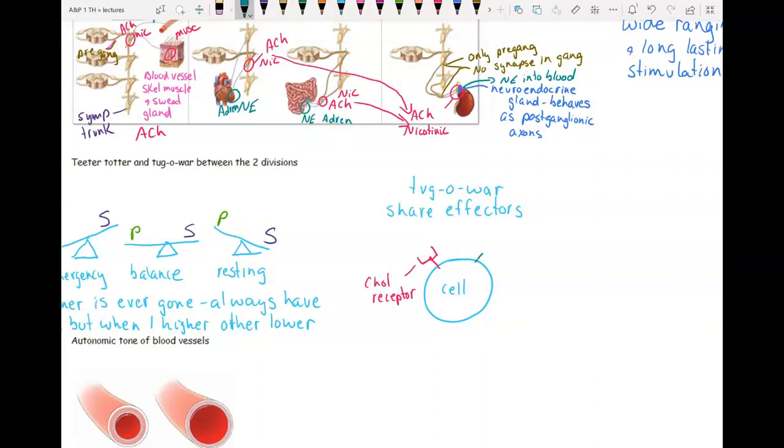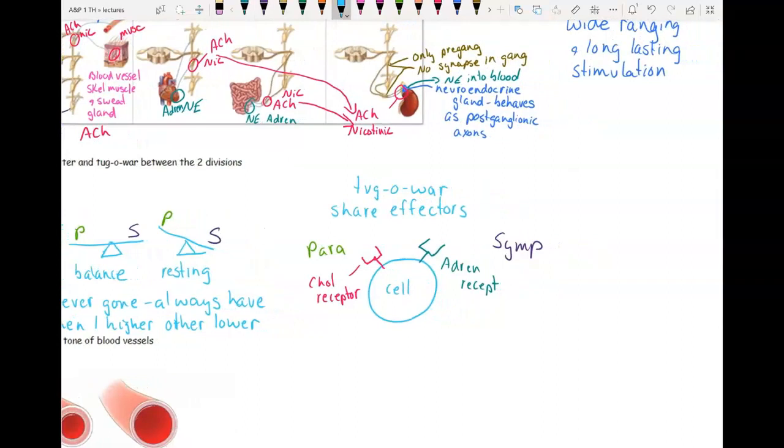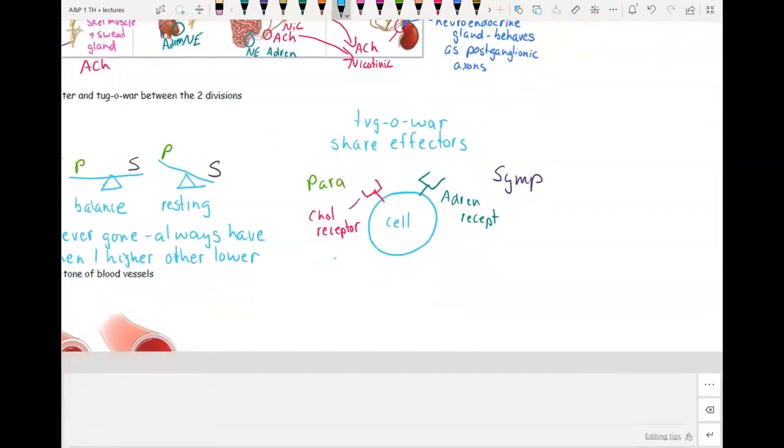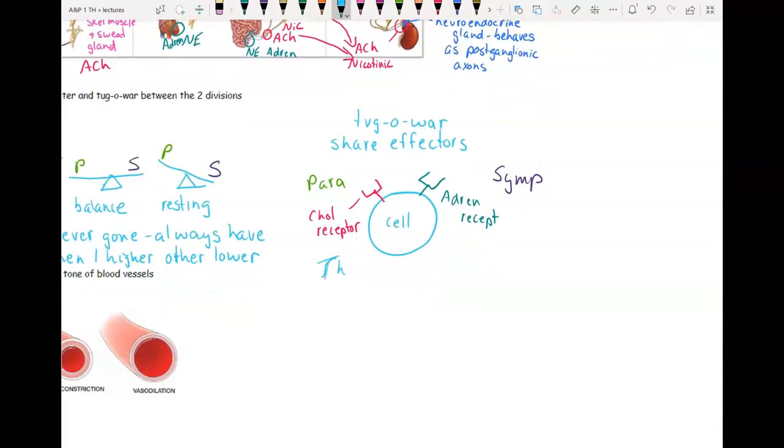And it can have a receptor here for norepinephrine. So they're in a constant tug of war over this cell. The two divisions, so here would be parasympathetic, trying to make the cell do one thing, and over here would be sympathetic, trying to make the cell do the opposite. So they stimulate the cell to do opposite things of each other.